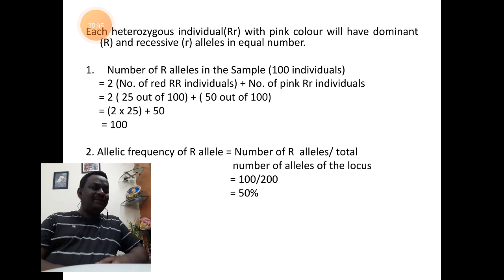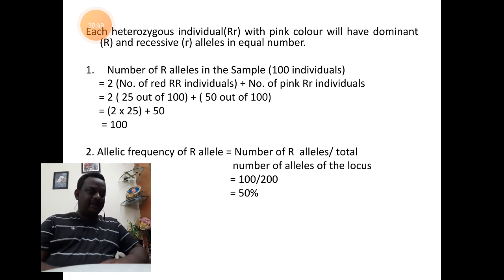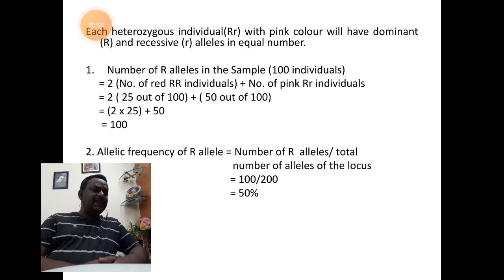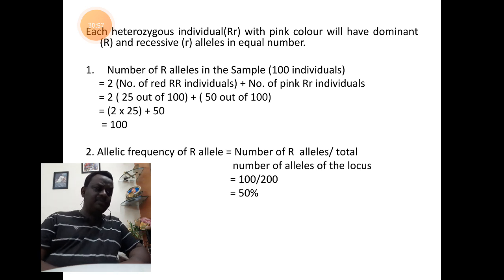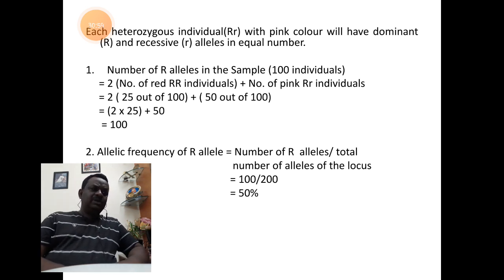So to calculate the allelic frequency of the dominant allele, capital R or uppercase R, in 100 flowers, the total number of R alleles divided by the total number of alleles at that specific locus is the allelic or genic frequency of the R allele.